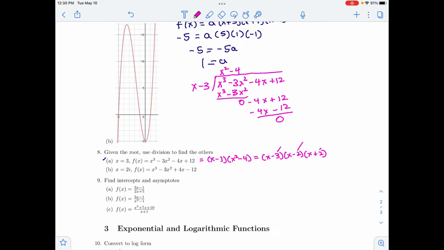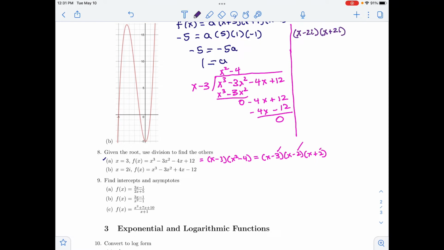Okay, now let's suppose that we have 2i. We know that 2i is a root. Well, if 2i is a root, then that means that -2i is a root as well. So here's what we've got. We've got x minus 2i and x plus 2i.